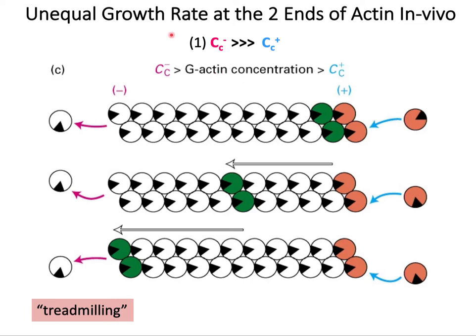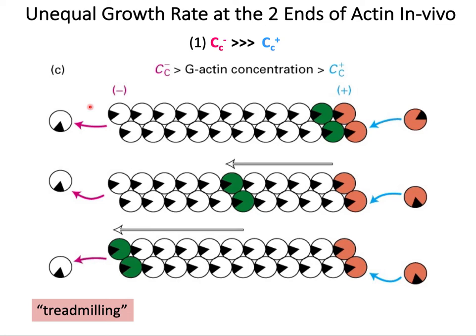Remember that if the G-actin concentration is less than the critical concentration, you are going to drive the reaction in the reverse order from F-actin to G-actin. You will normally see a loss at the minus end. On the other hand, the G-actin concentration in the cytosol is greater than the critical concentration at the plus end.